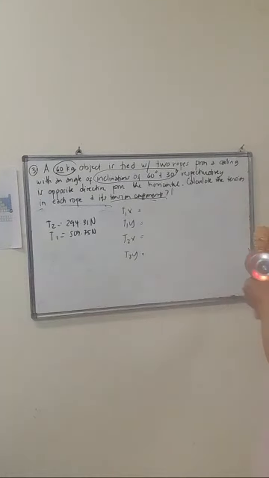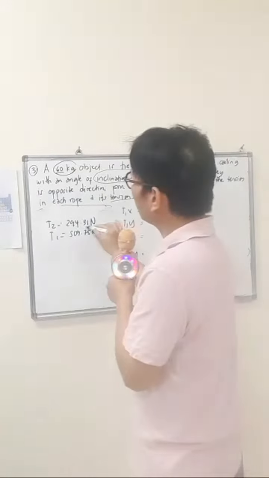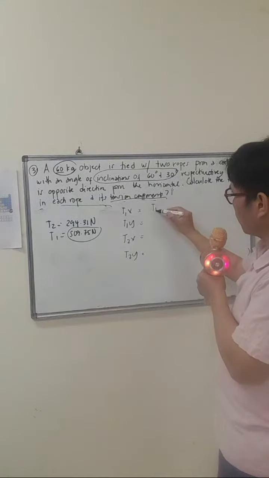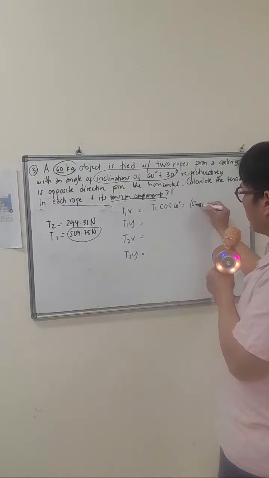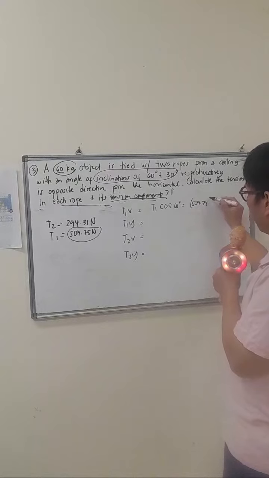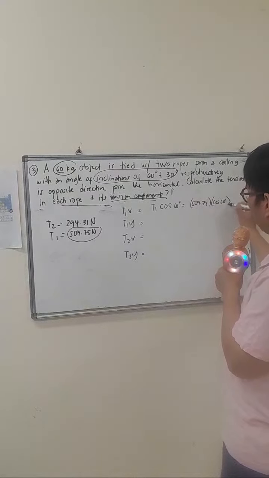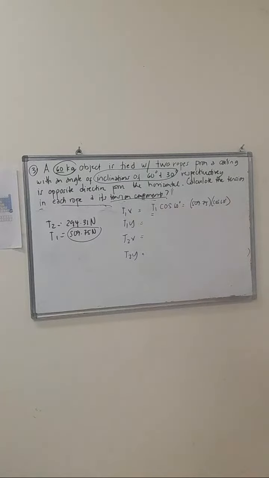Okay. T1x, it's gonna be T1 cosine 60 degrees. So T1 is 509.75, cosine 60 degrees. So it's understood that your T1x is equal to T2x.